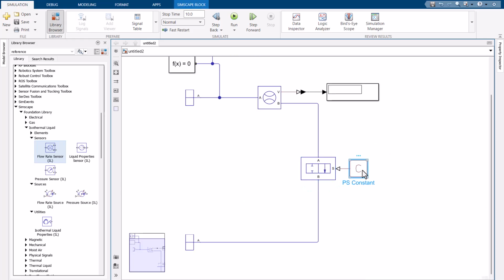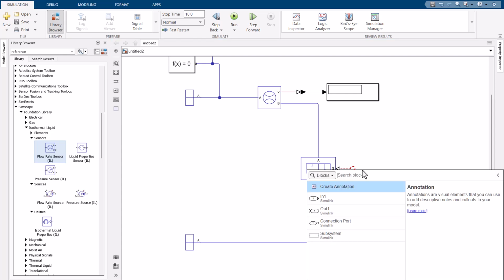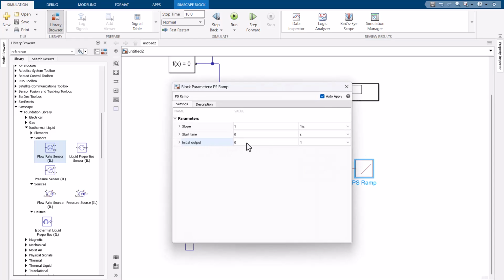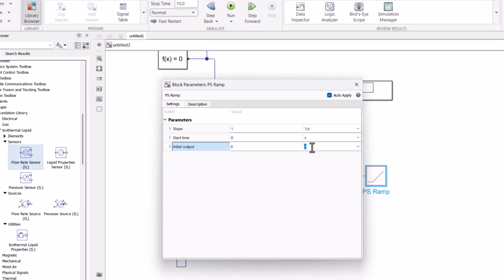And instead of a constant opening for the valve, I add a PS ramp. Initially, it is going to set the valve at fully closed position. And after 10 seconds, it is going to open the valve completely. So at the initial output, it is 0 inches.